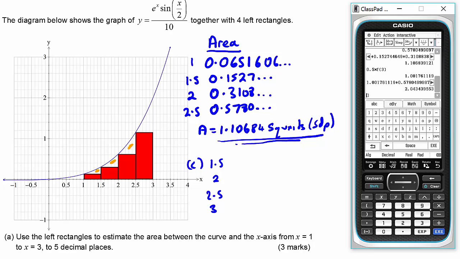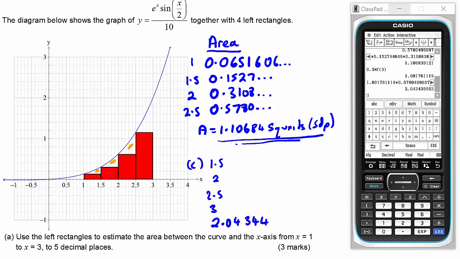And that gives me 2.04344. We want it to 5 decimal places, don't we? So 2.04344.